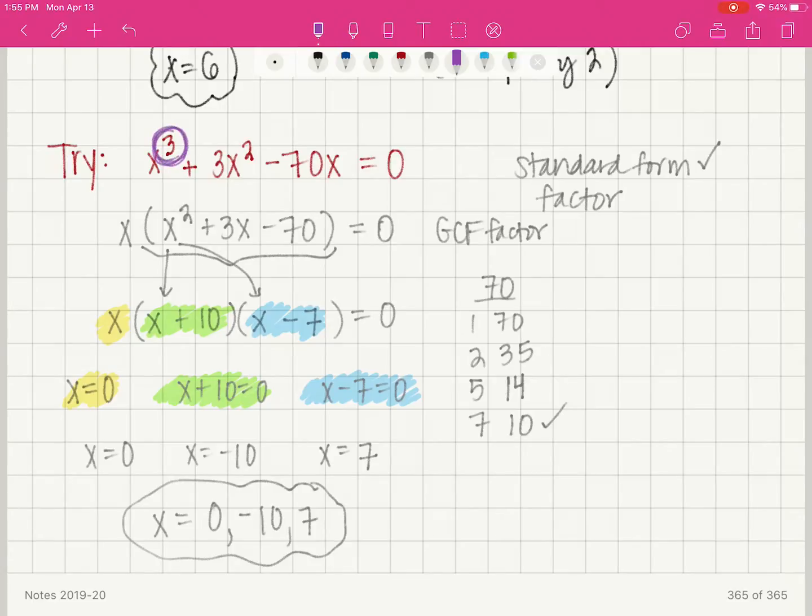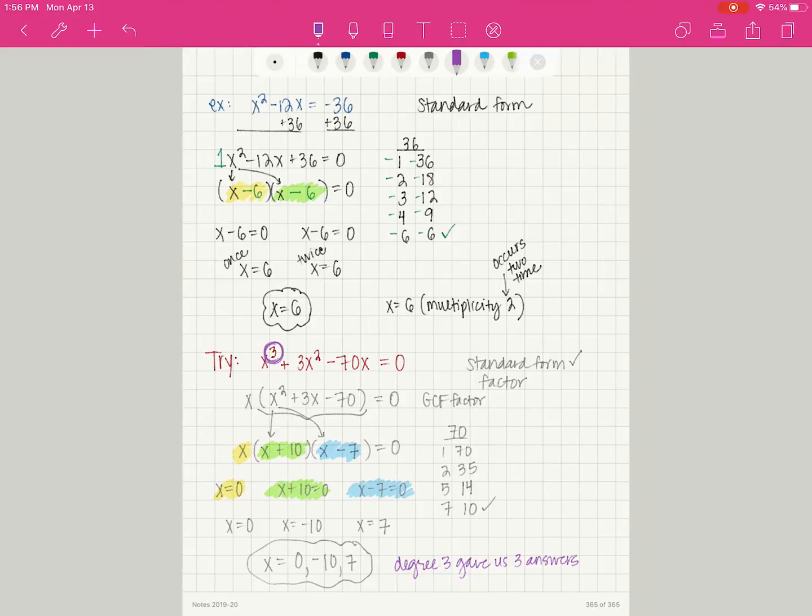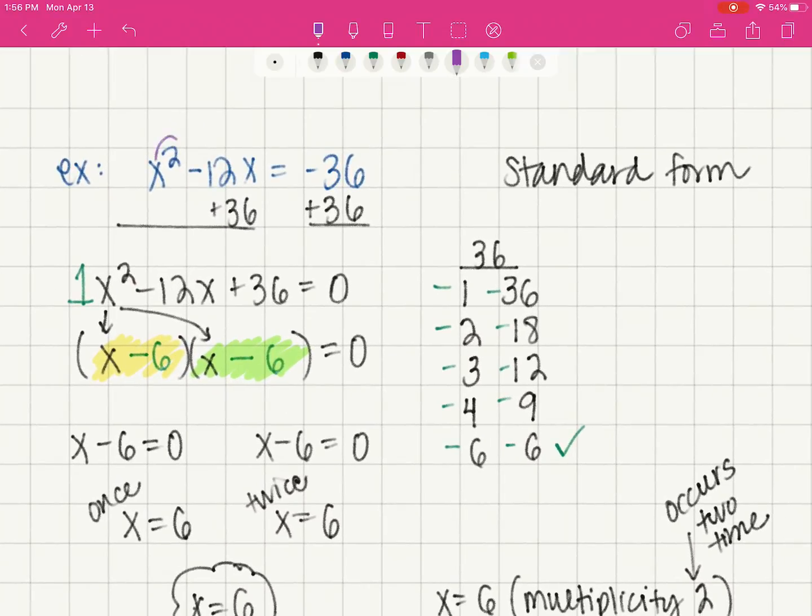Look at this. This is a degree 3. This is a cubic equation. A degree 3 gave us 3 answers. If I come back here, this degree 2 gave us 2 answers.